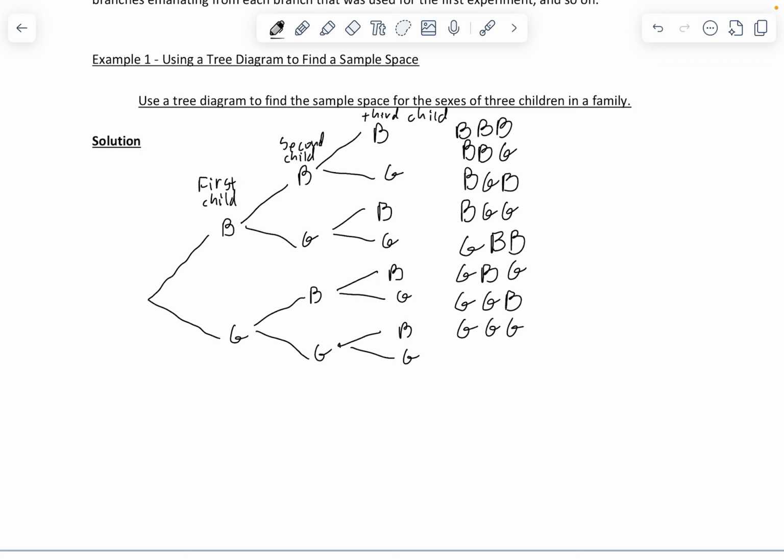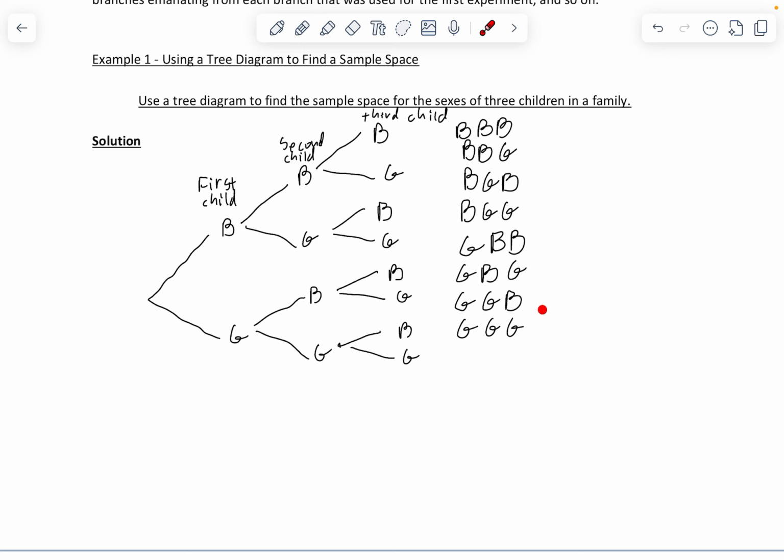Okay. So there are a total of 8 possible outcomes in my sample space, and the tree diagram was a tool that I used to figure out what that sample space looked like, right? And allowed me to list all the possible outcomes.